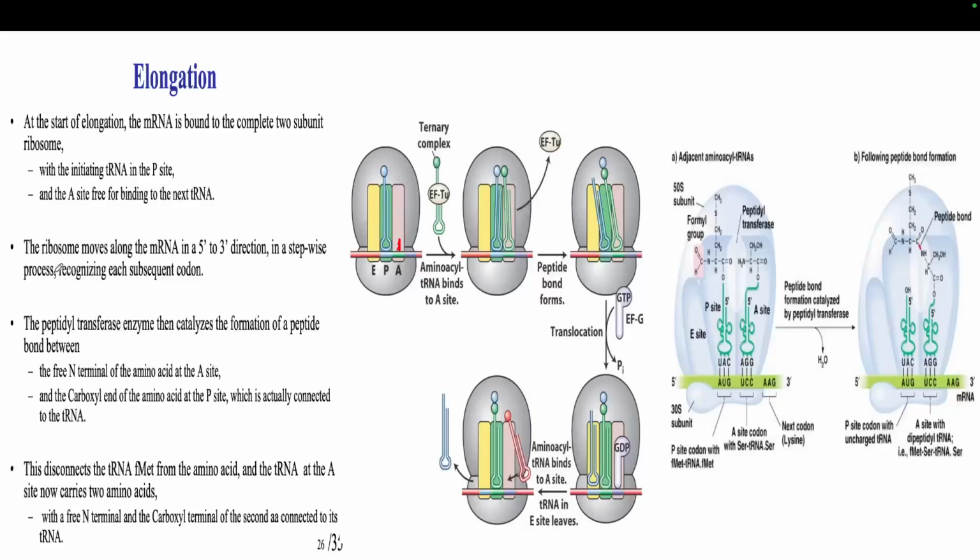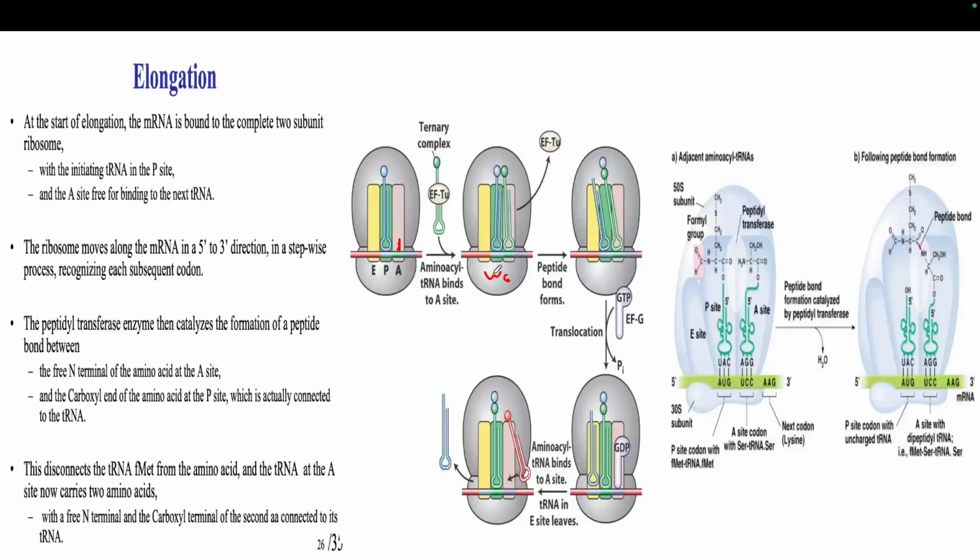Okay, so the ribosome moves along the mRNA in the 5' to 3' direction in a stepwise process, recognizing each subsequent codon. Okay, so suppose there is UUC, so the tRNA will take the phenylalanine, because this is the codon for phenylalanine.